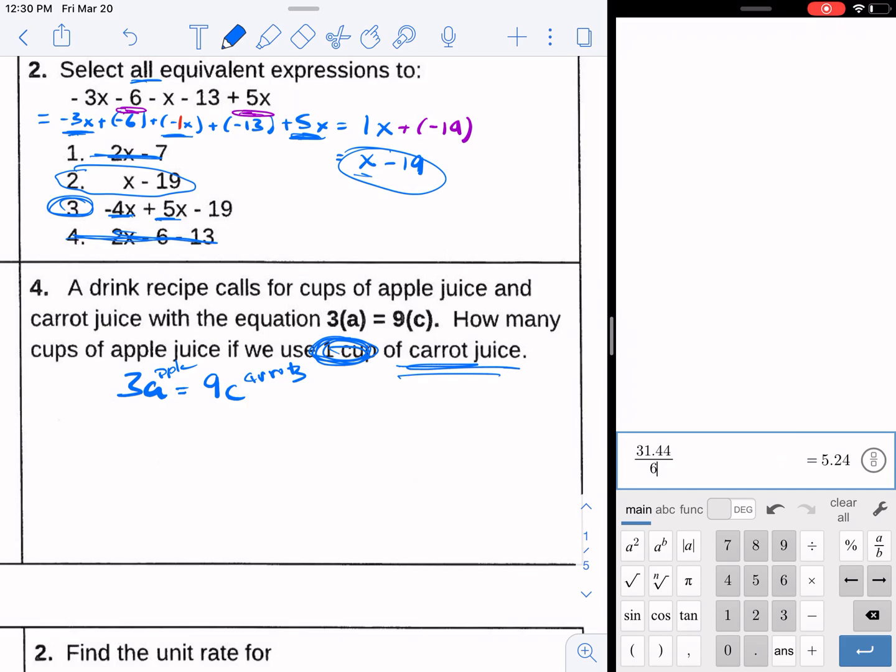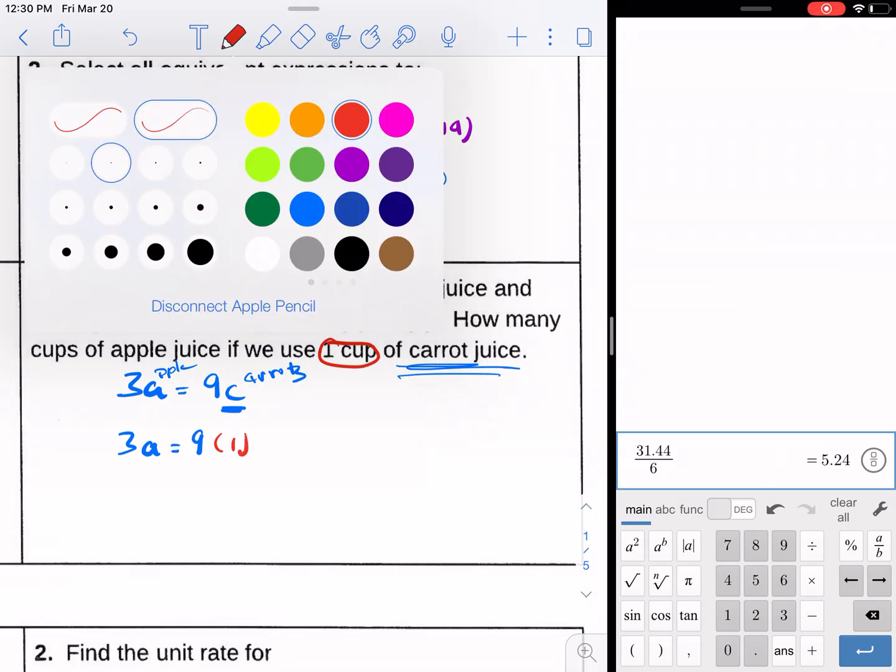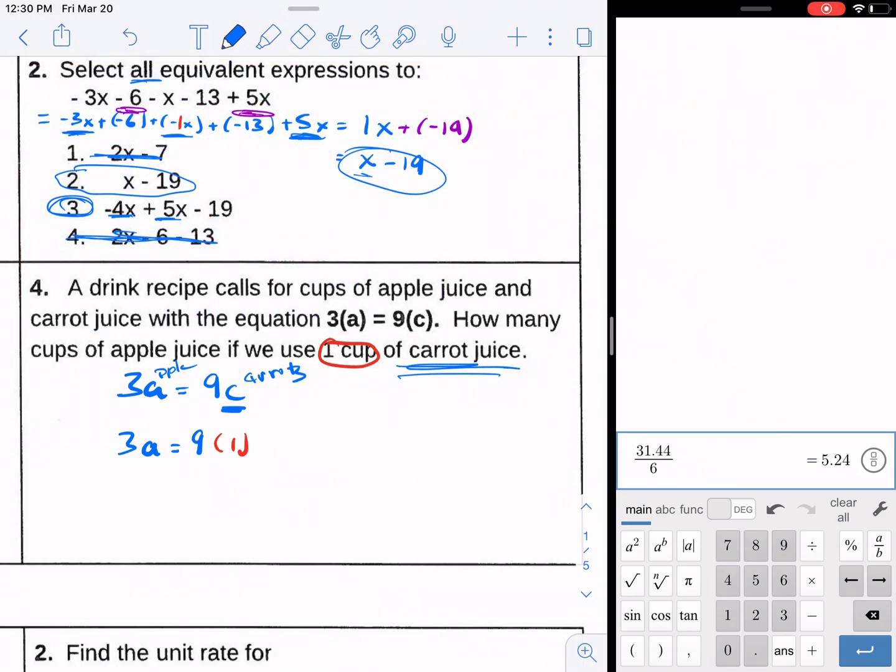So take that number 1, and I'm going to plug it right into the C. So 3A equals 9, and I'm going to take this one right here and plug it into the carrot position. Substitute that value. And if we simplify, 3A equals 9.